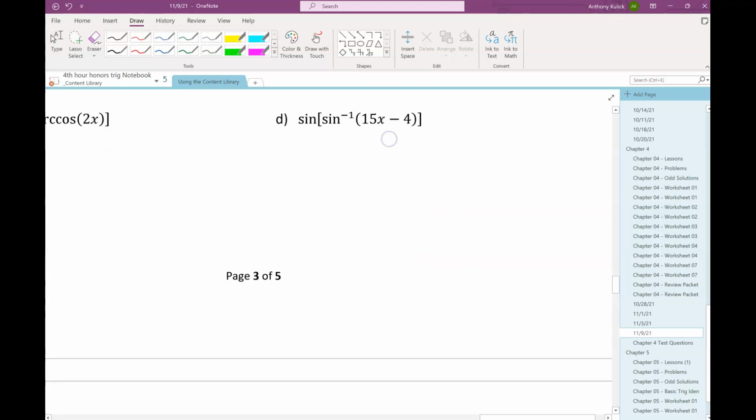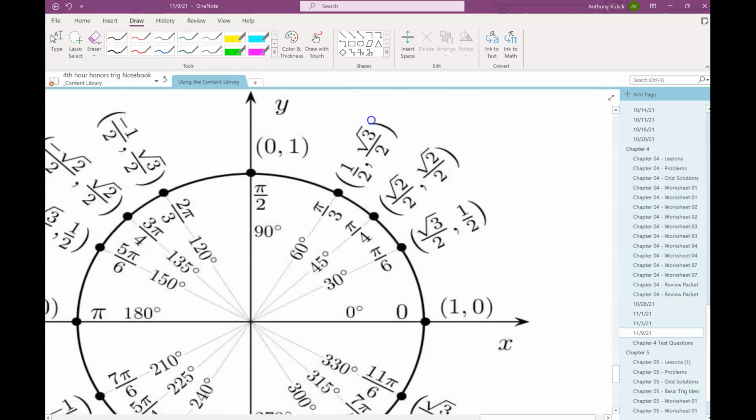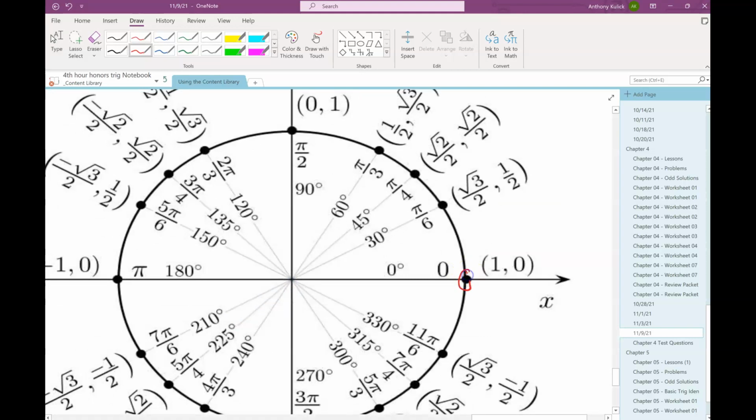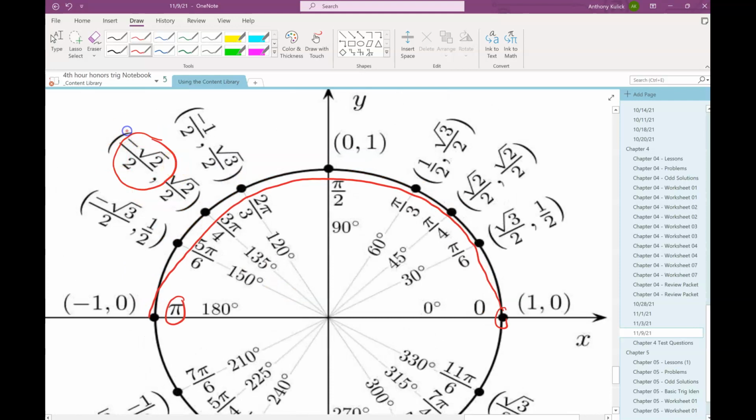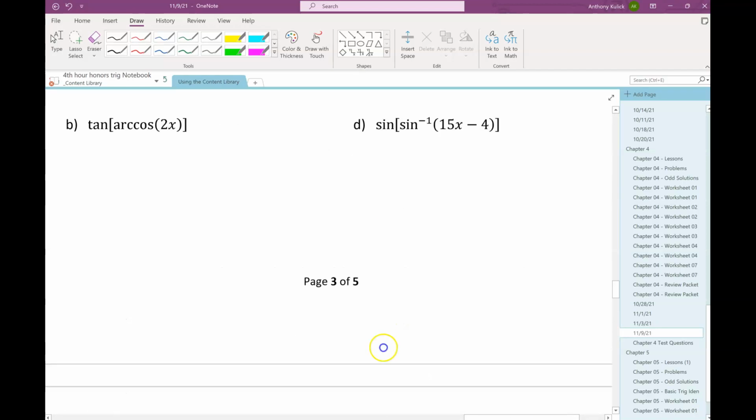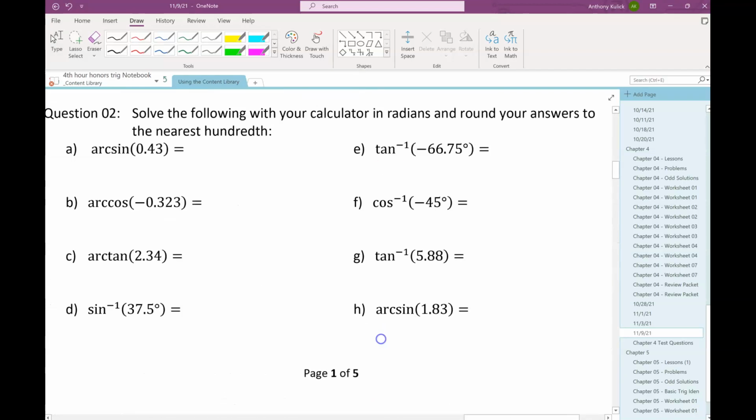Going to my unit circle, zero's here, pi's over here. The only place where the x-coordinate is negative root 2 over 2 is there. So my answer should just be 3 pi over 4. And that's it. Sure.